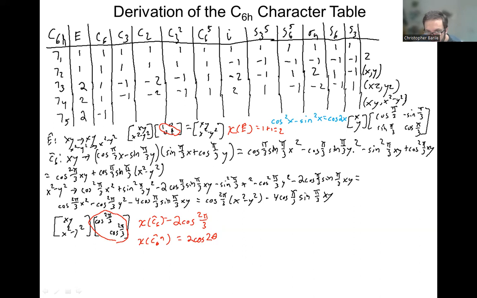That's why we had all these pi over 3s here. But then we had this trig identity, which we took advantage of, which turned cosine pi over 3 into cosine 2 pi over 3s in this final matrix. So now that gives us a generic answer of 2 cosine 2 theta, where in this case theta was equal to pi over 3.